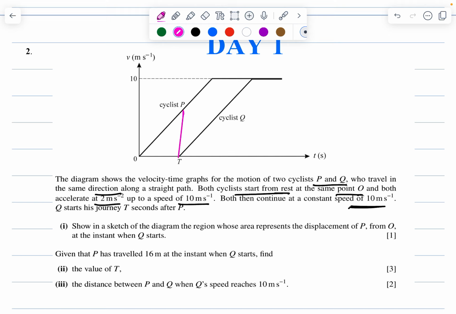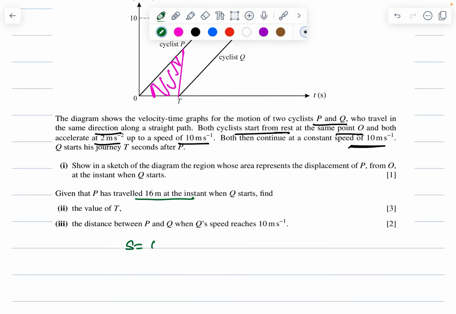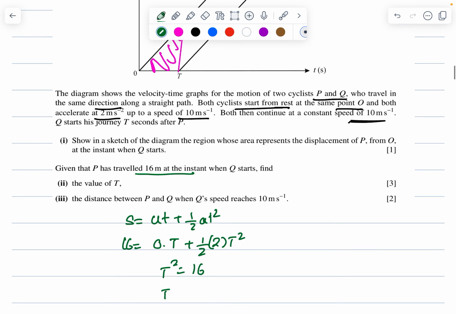Given that P has traveled 16 meters, s equals ut plus half at squared, so 16 equals 0 times t plus half times 2 times t squared. t squared equals 16, so t equals 4 seconds.